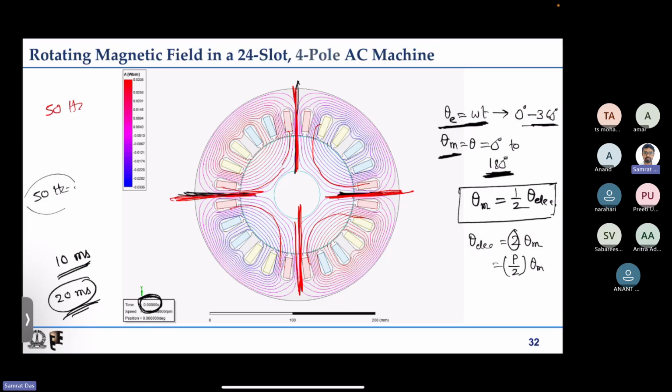If it is 50 hertz and the speed is close to 1500 rpm, then it is a 4 pole machine. If it is exactly 1500, you know that it is a synchronous machine. If it is around 1475 or 1450, close to 1500 but not exactly equal, it is an induction machine. Around 1000 means it is a 6 pole machine. You have to look at the excitation frequency and the speed.